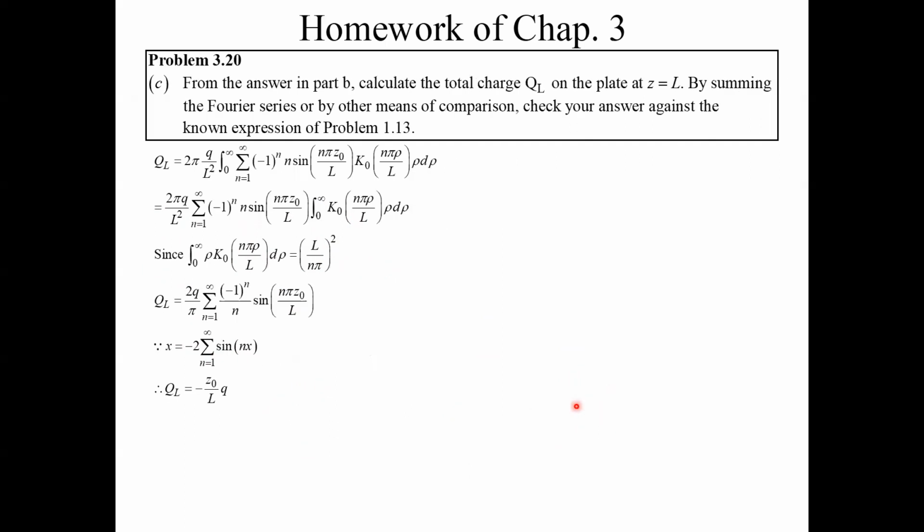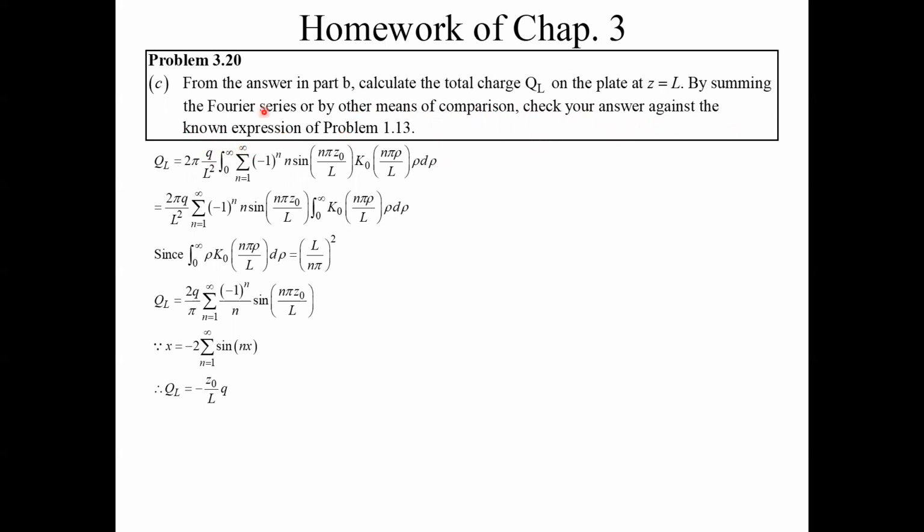And next, for part C, from the answer in part B, calculate the total charge QL on the upper plate by summing the Fourier series or by other means. Compare your answer with problem 13.